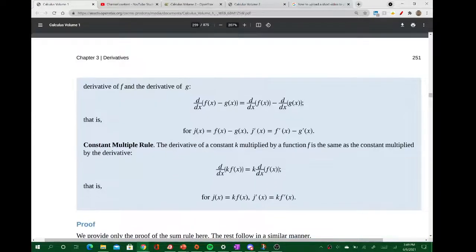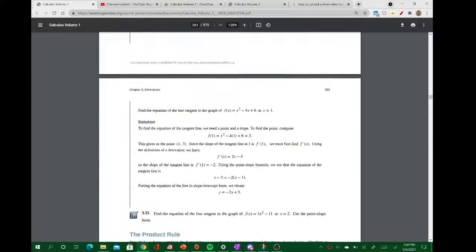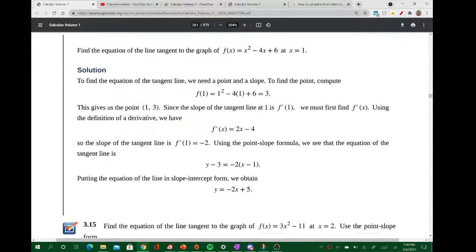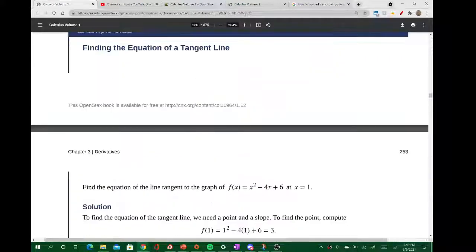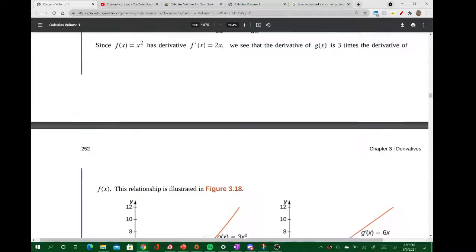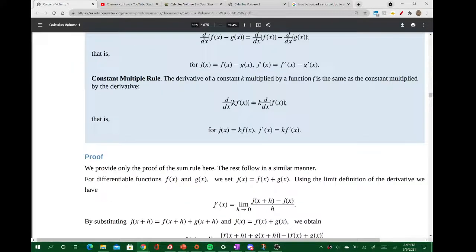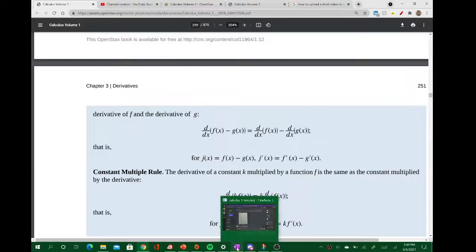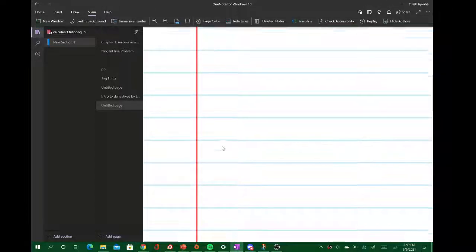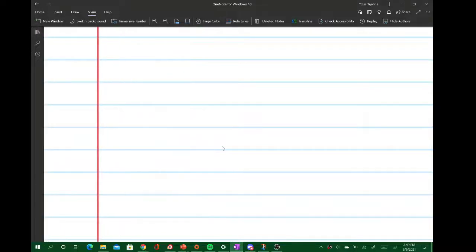I will try to work out each problem, and then I'll explain how I did it, and then I'll explain how the book did it. But first, I want to go over the basic derivative rules.